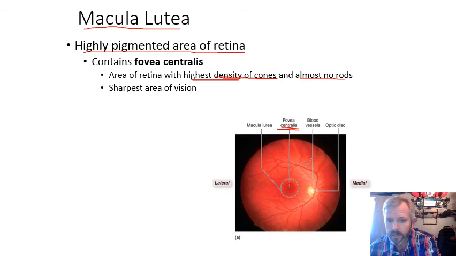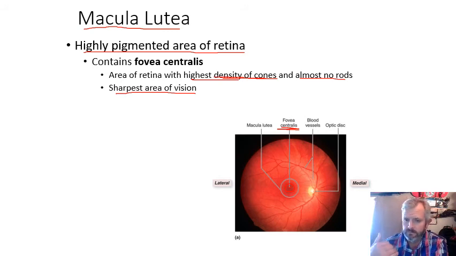The rods are more out in this region, the outer peripheries. And so what we get at this fovea centralis specifically is the sharpest area of vision. So where do you think you want to focus your light? Yeah, especially in bright light, you want to focus out here at the fovea centralis because you're going to get nice, highly acute vision.